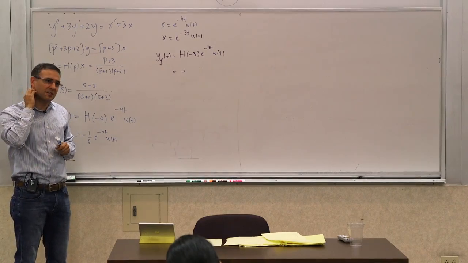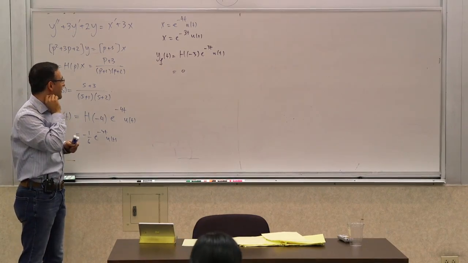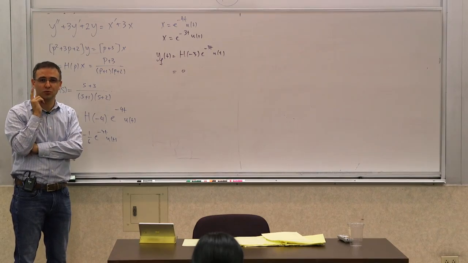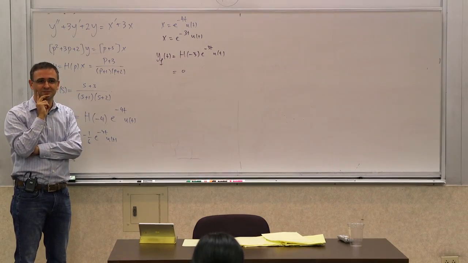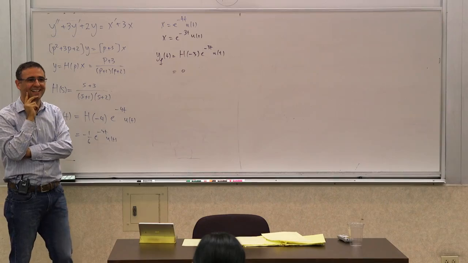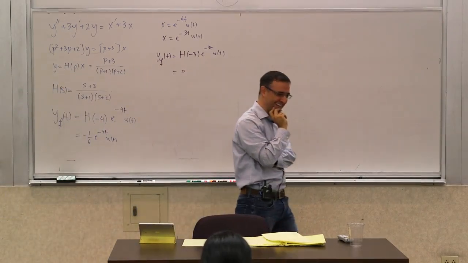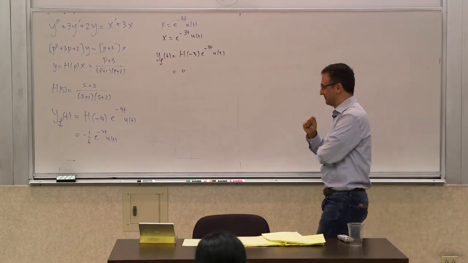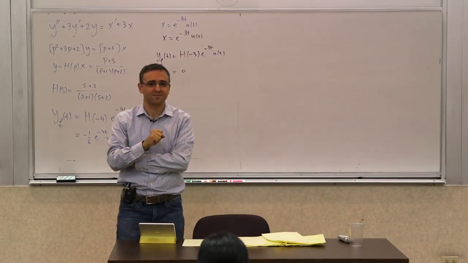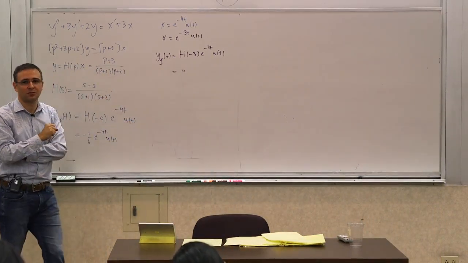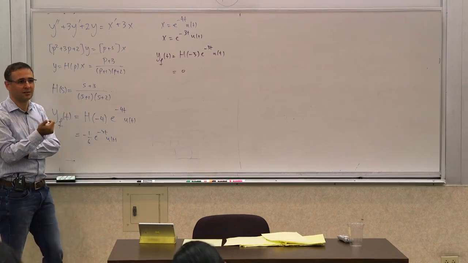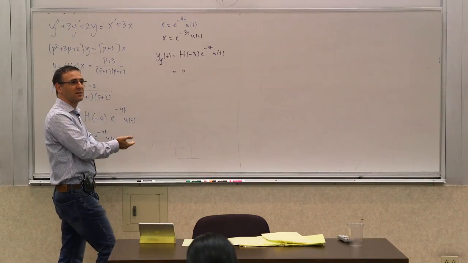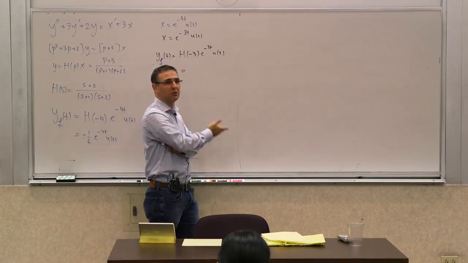What do you think these frequencies are called? Roots of the numerator. What do we call them? Zeros. Zeros of the function. The natural frequencies are the roots of the denominator, which are called poles of the system. So we'll talk about poles and zeros. There's a reason we call them zeros, because the forced response becomes 0 at that frequency.